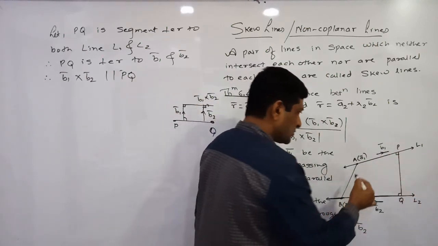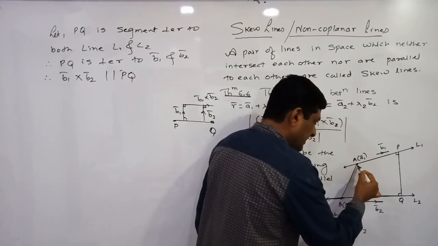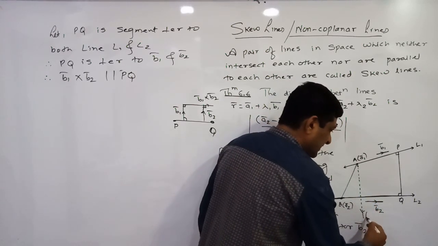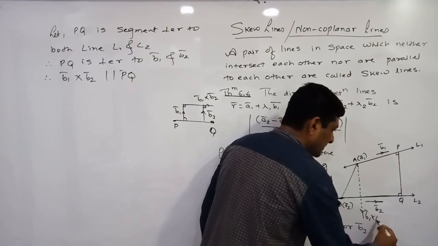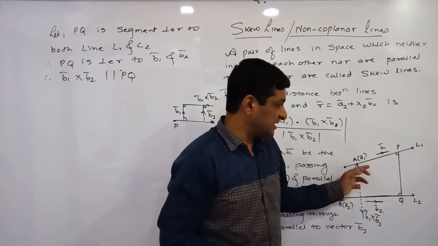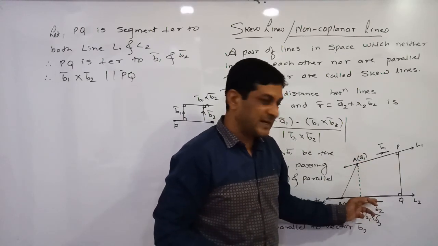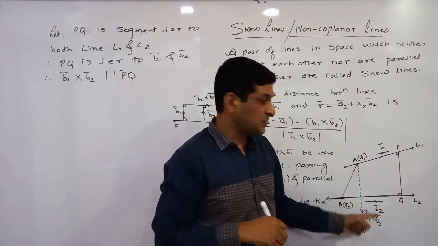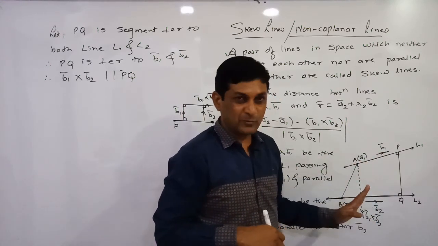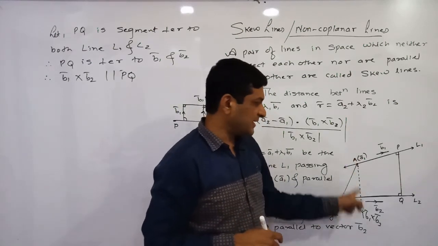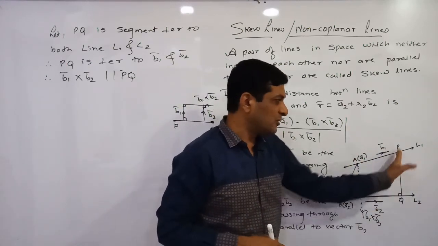So let us draw here one vector, B1 bar cross B2 bar, which is parallel to PQ. It is perpendicular to B1 and also perpendicular to B2, because the cross product of two vectors is a new vector perpendicular to both, so it is parallel to PQ bar. Well, now we have got one vector, parallel to PQ bar.